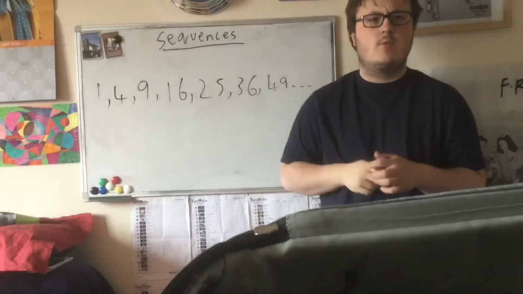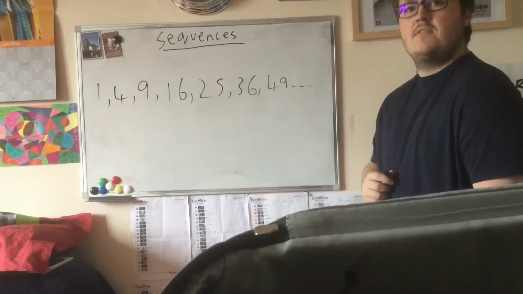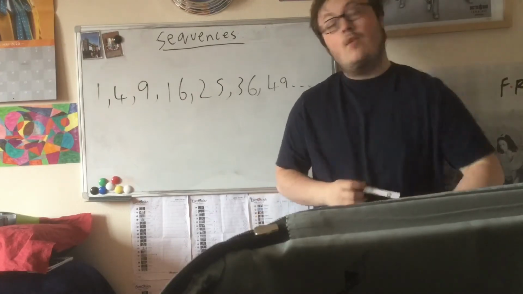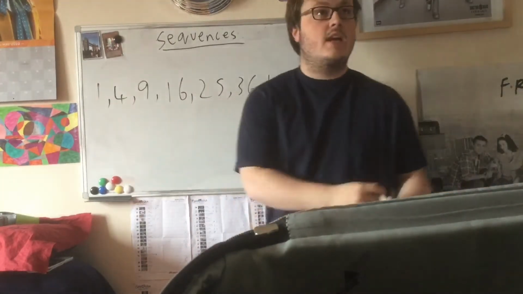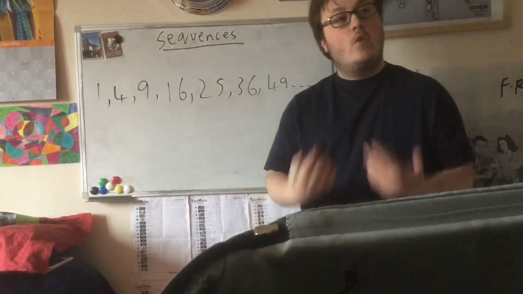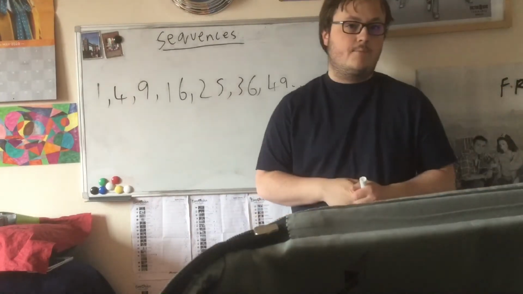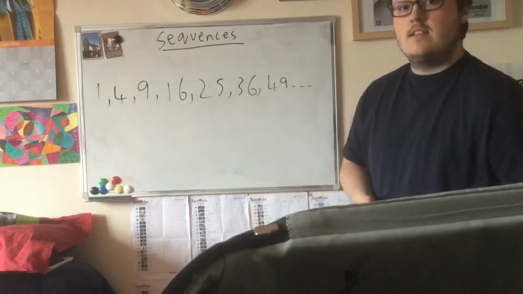What about this sequence? Can you notice anything special about this series of numbers? You've definitely seen them before. That's right, they are the square numbers. They're the first 7. 1 times 1 gets us 1, 2 times 2 gets us 4, 3 times 3 gets us 9, 4 times 4 gets us 16, and so on till we get 7 times 7 gets us 49. So now that we know what the rule is, we can find out the next terms in the sequence.